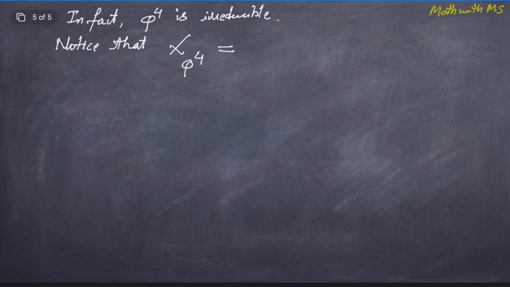Okay, for that, first notice that the character of phi 4 is simply chi 2, the character of the first factor, times the character of phi 3. And once we know this, one can use the irreducibility criteria, because we know that the inner product of phi 3 with itself is 1, and because chi 2 is just multiplication by 1 and minus 1, it will again turn out to be 1.